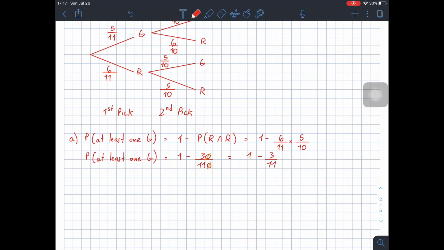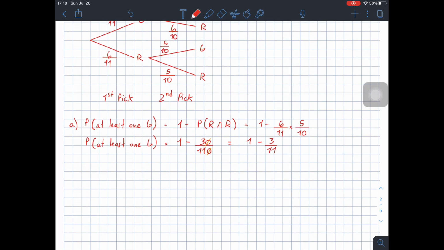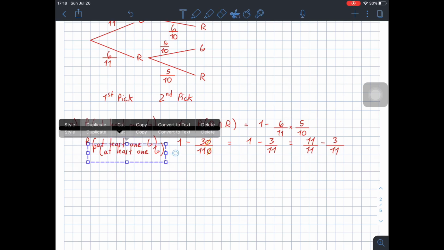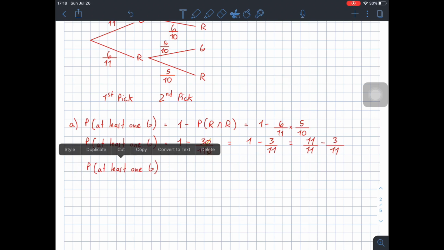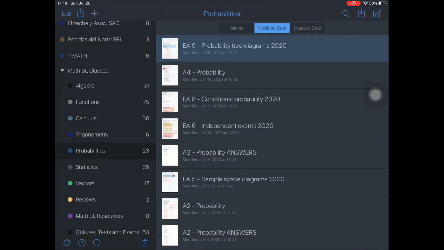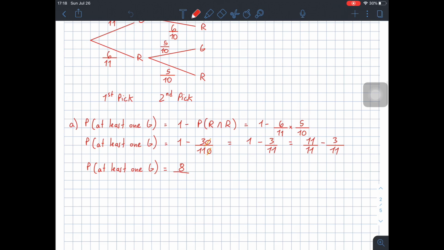If we want to subtract this, we could say that 1 is the same as 11 over 11, minus 3 over 11. And then we can easily subtract 11 minus 3, that is equal to 8, right? So probability of at least one green would be 8 out of 11, okay? I hope this is being clear for you guys.